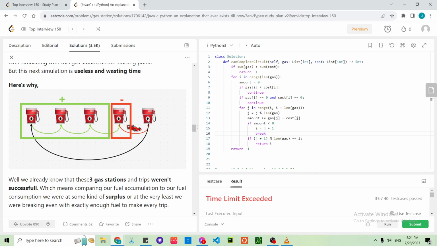Or is it possible that this goes to the end all the way, being positive, but it wouldn't be able to actually continue all the way around? Is that possible?